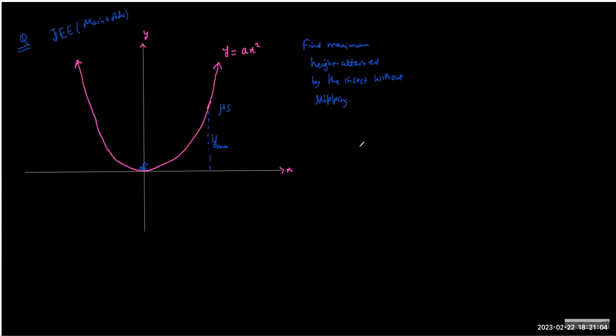So slope means what? dy by dx is called slope, right? Yes, sir. I can solve.